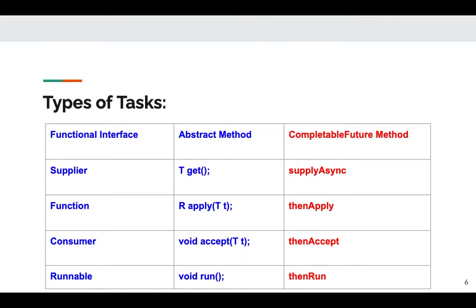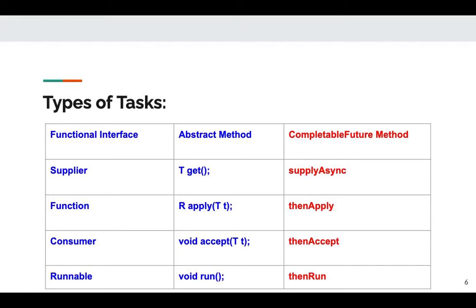And finally, we have the consumer functional interface, which again, believe it or not, does what its name suggests. It consumes or accepts values from previous stages of the pipeline. The one abstract method for consumer is accept. The consumer, as I've mentioned earlier, is the final stage in many pipelines as it does not return any values.